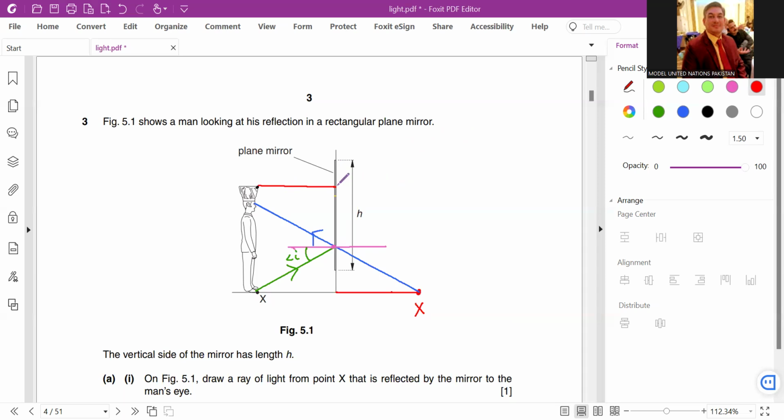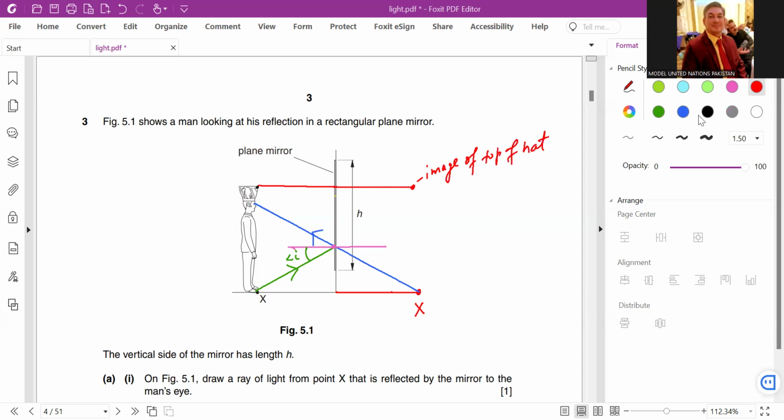This is the image location of the top of the head.